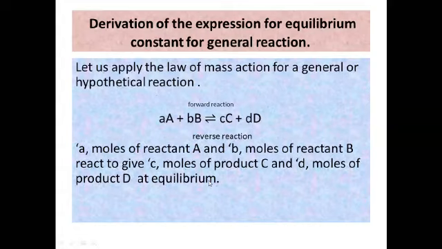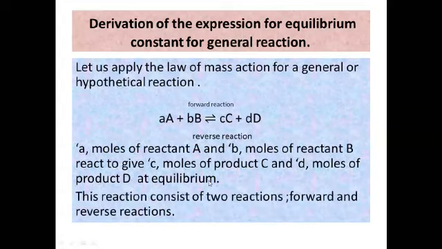This reaction consists of two reactions, forward and reverse reaction, because the double arrows, I told you, mean a reversible reaction, and a reversible reaction means that this reaction is actually a combination of two reactions, the forward reaction and the reverse reaction.